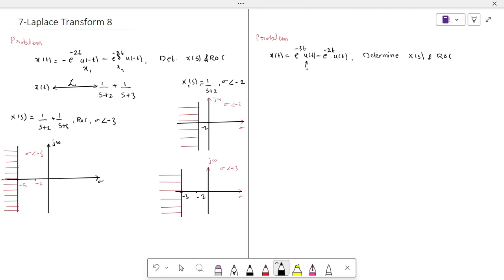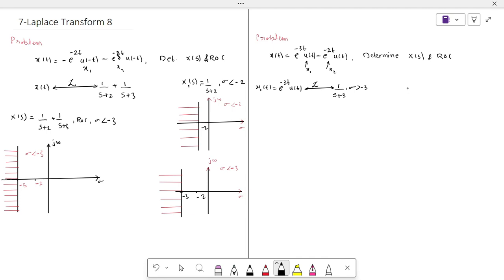So I'm taking this as x1, and this is x2. We know that this x1 of t equals e power -3t u of t. Its Laplace transform equals 1 by s plus 3, and the region of convergence is sigma greater than -3.